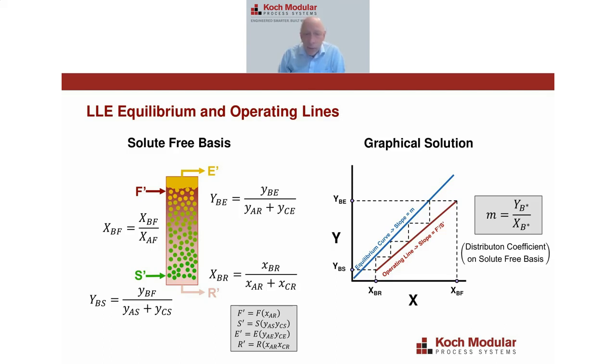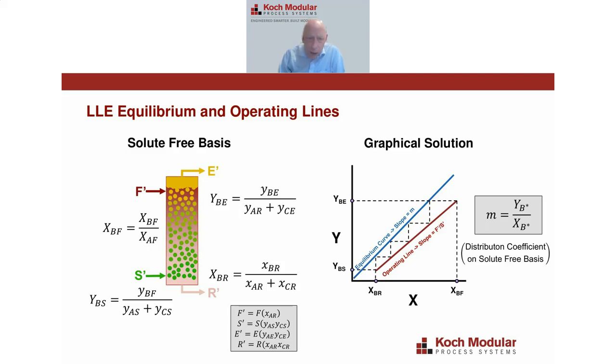And then once you have your equilibrium curve, and now you operate your extraction column, you can generate your operating line. So the upper portion of the operating line up on the upper right is where the feed comes in, XBF, and where the extract goes out. So that would be the upper part of this extraction column, where the feed comes in and the extract goes out.